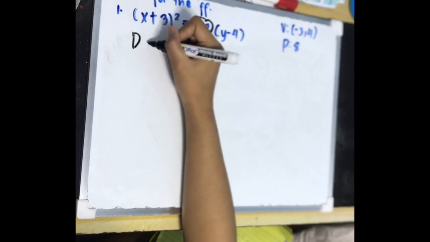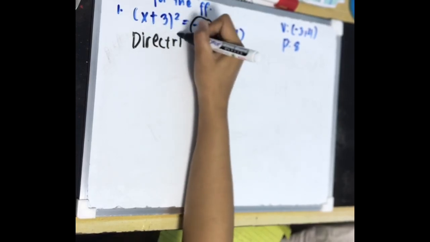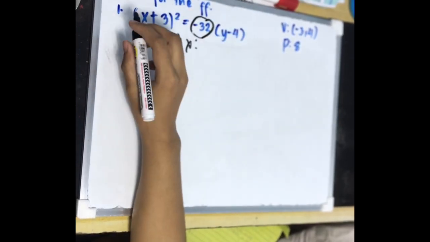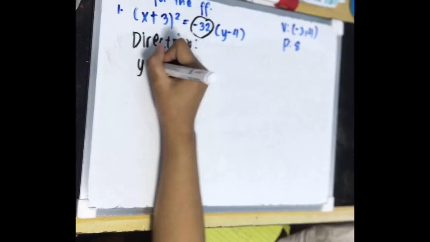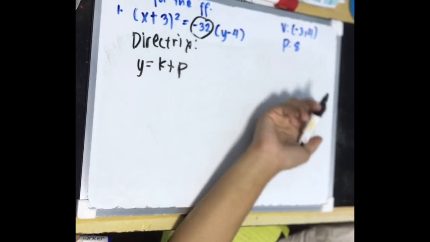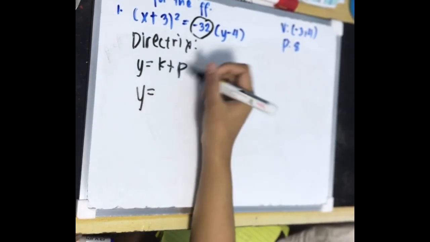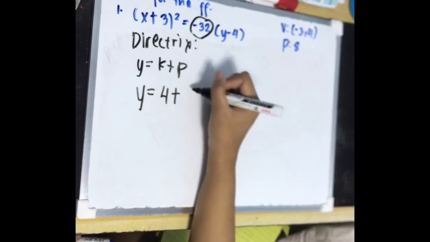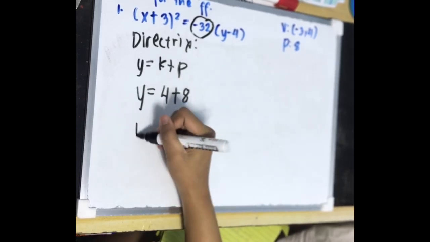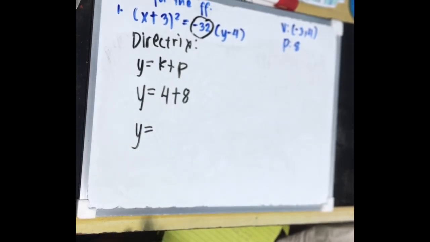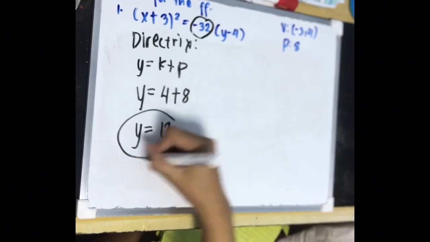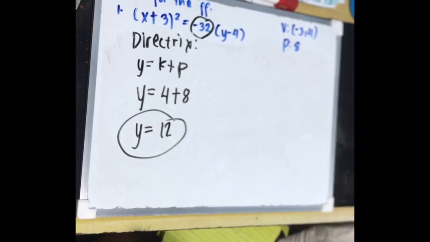Now, to find the directrix, we will use the formula y equals k plus p. So, our k is 4 and our p is 8. So, our answer is 12. So, this will be our directrix.